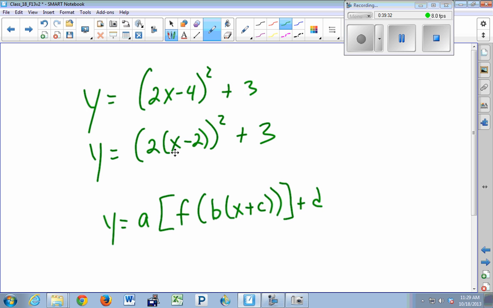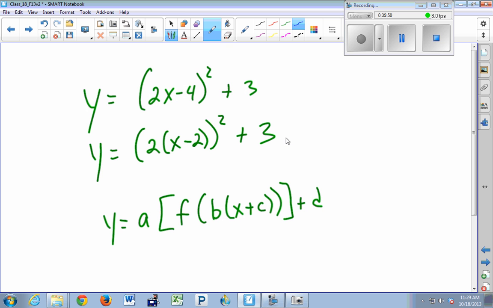When you have this form, you do all of your stretches first and your shrinks first. So if you have a horizontal and a vertical stretch or shrink, you do those first. Then you do your horizontal shift, and always your vertical shifts are last.